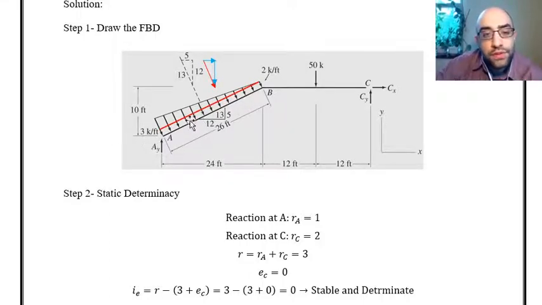Then I have two forces because of these two distributed loads. For the rectangular shape, the vertical load will be 2 multiplied by 26, that is the total load, and now the vertical component will be 12 by 13, right? So 2 multiplied by 26 multiplied by 12 by 13.